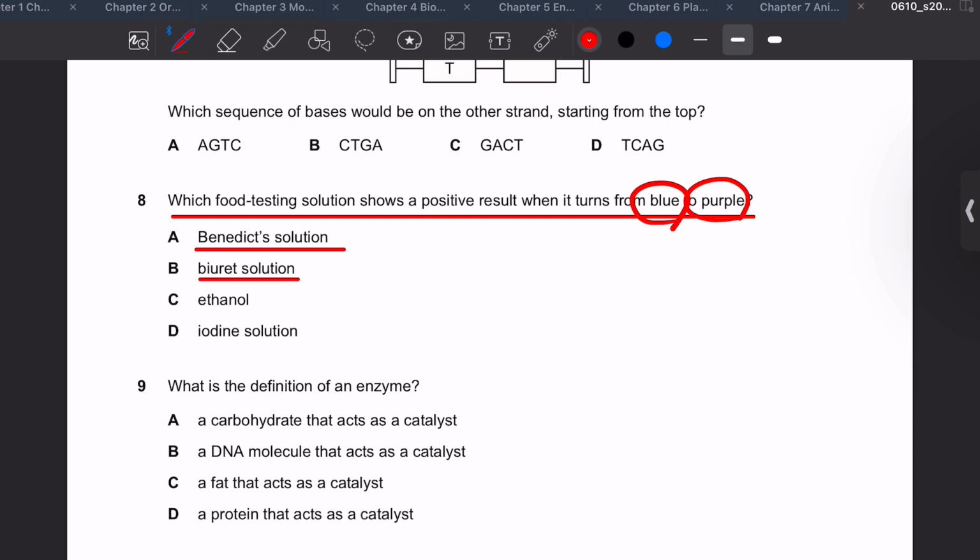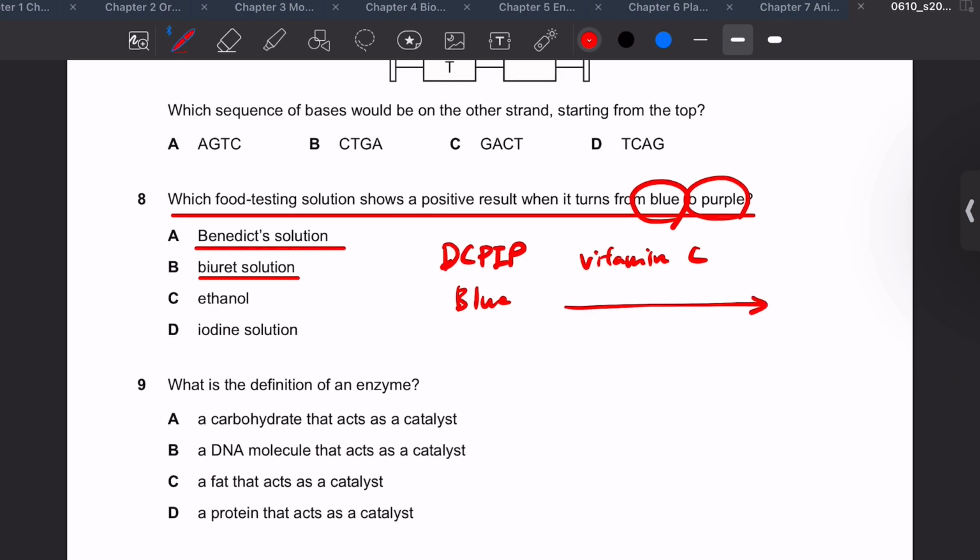And there's also another solution called DCPIP. This is the solution to test the presence of vitamin C. It starts with blue color, and then if there's vitamin C present, it's going to change its color to colorless, or colourless, whichever you prefer.